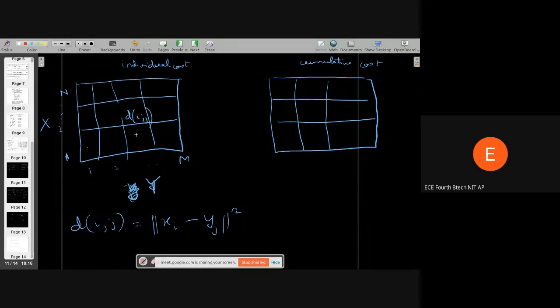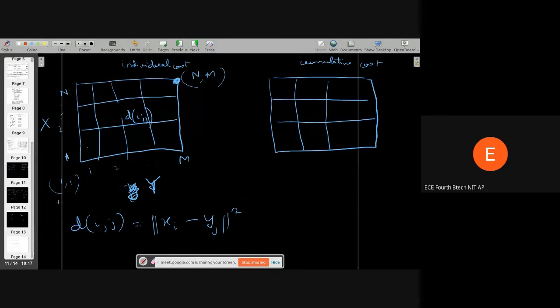And our goal is to find a path to match the templates. To find a path from the last frame of both the signals to the first frame of both the signals. We have to find a path so that the individual points, which frames are matching with which frames.